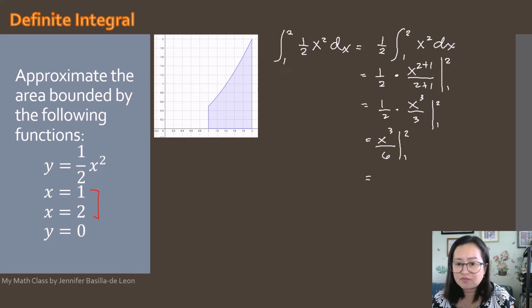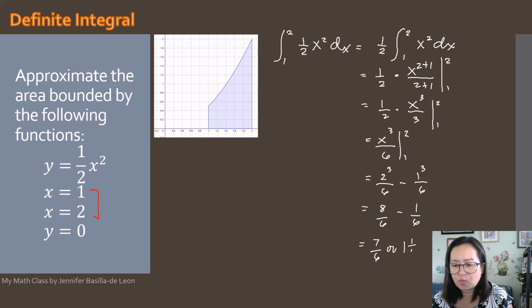Now evaluating the given function at x equals 2 and x equals 1, we will have 2 cubed over 6 minus 1 cubed over 6. So we will have 8 over 6 minus 1 over 6. So that is 7 sixths, or 1 and 1/6.